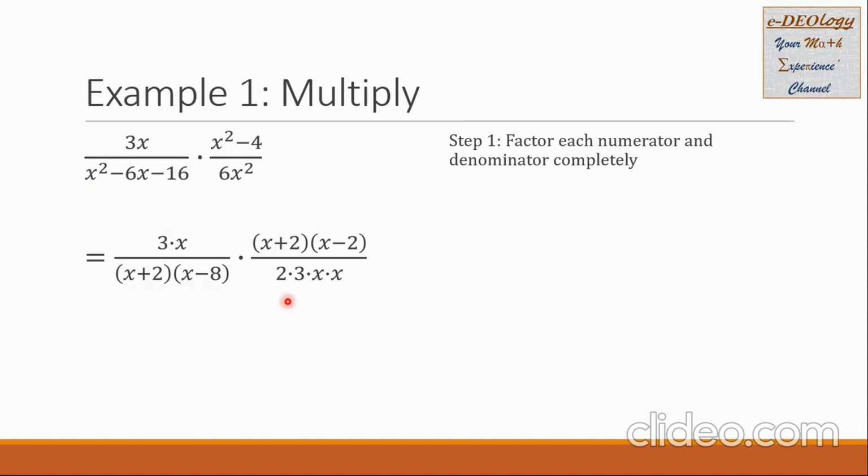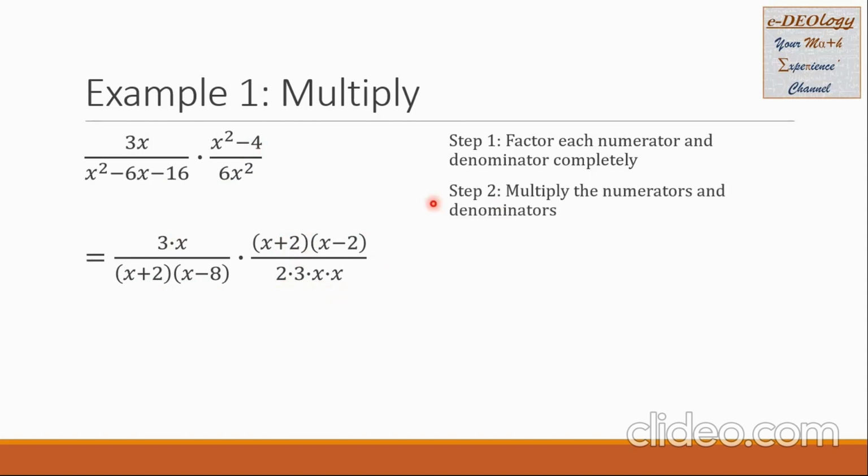And then the second rational expression, in the numerator, the x squared minus 4 is now factored into x plus 2 times x minus 2. In the denominator, the 6x squared is now written as 2 times 3 times x times x.